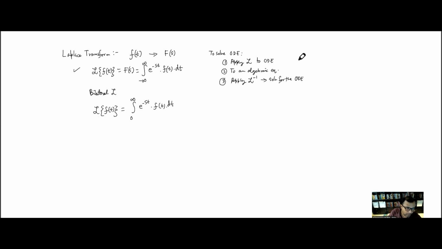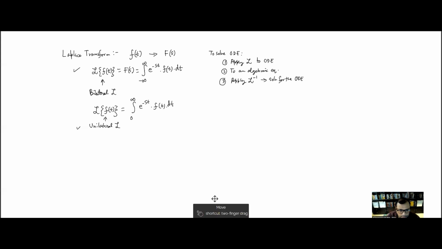Okay. This is called unilateral Laplace transform. Now, unilateral Laplace transform is more commonly used than bilateral Laplace transform. So we will just stick to this, but the concept is similar.